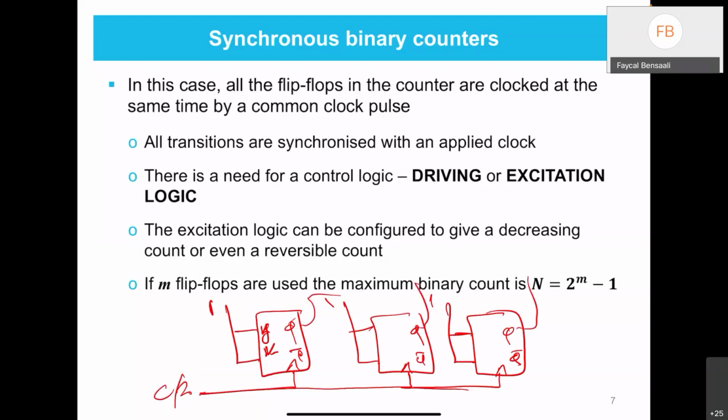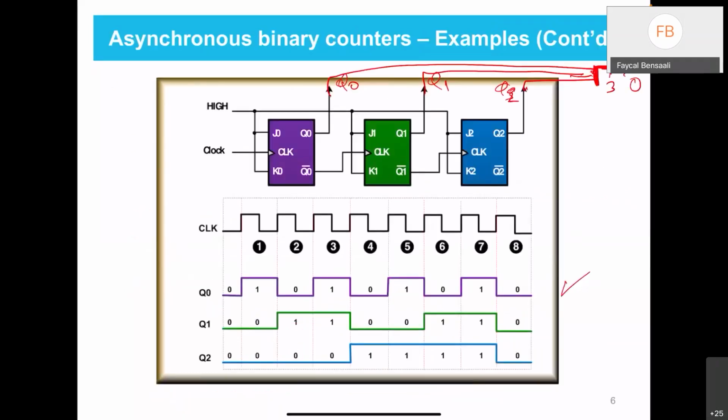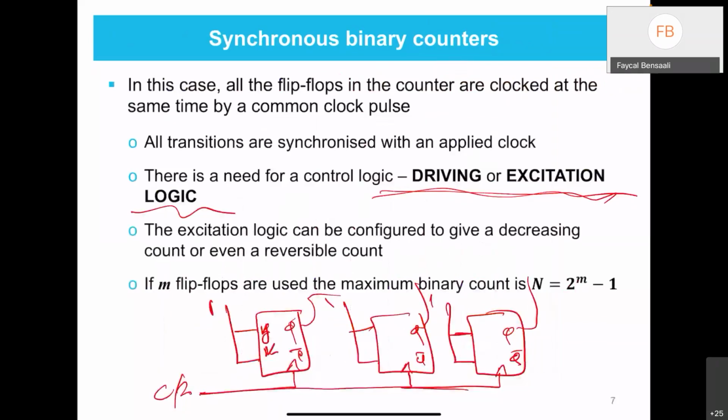So there is a need to add an extra component here, which we call the excitation logic. In this case, this is a pure finite state machine, and we need to identify, even the previous one is a finite state machine, but the process of designing it is different. Now, this is a pure finite state machine.